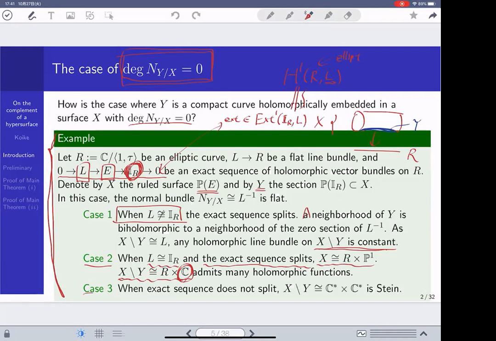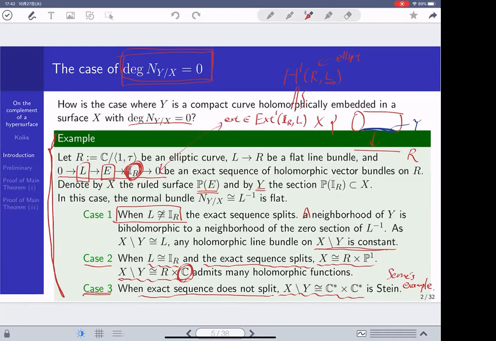And the remaining case is case 3. In this case, the exact sequence does not split. This is a well-known example, which is called Kähler's example. The normal bundle of Y is holomorphically trivial, and the complement is biholomorphic to C star times C star, where C star stands for the set C minus the origin.